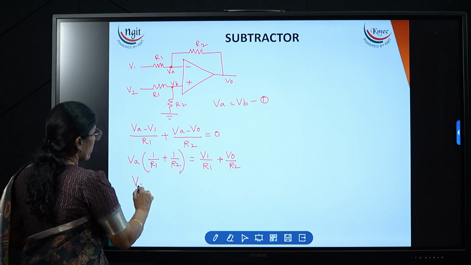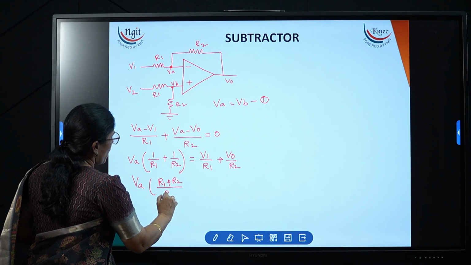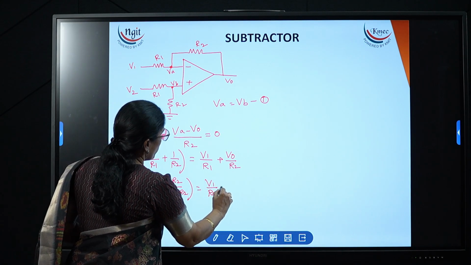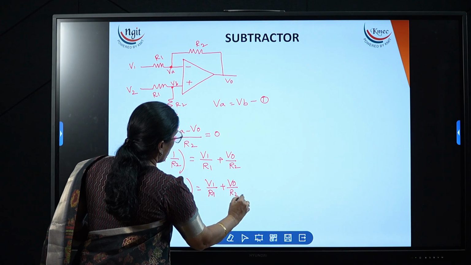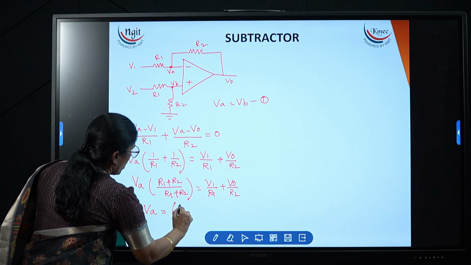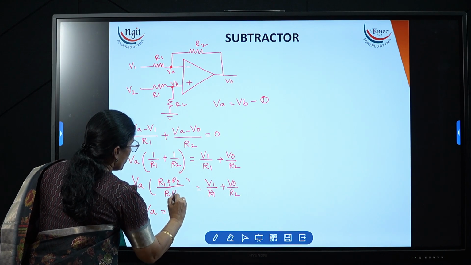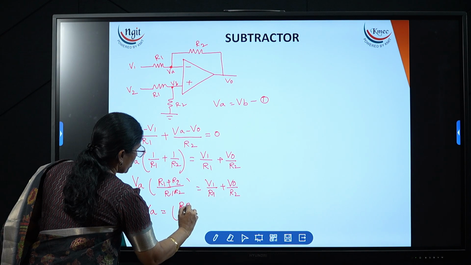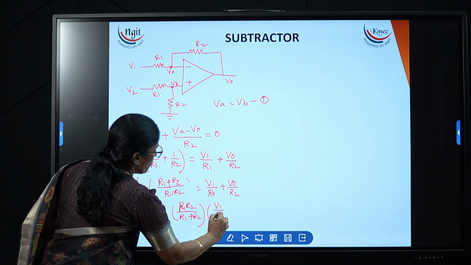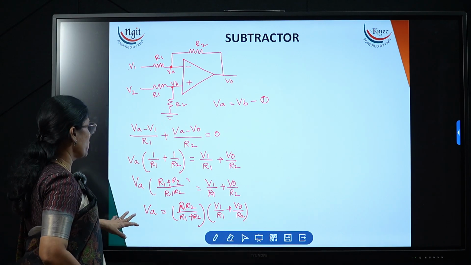So VA times (R1 plus R2) divided by R1 R2 is equal to V1 by R1 plus V0 by R2. So VA is equal to R1 R2 divided by (R1 plus R2) into (V1 by R1 plus V0 by R2). Now this is for VA.